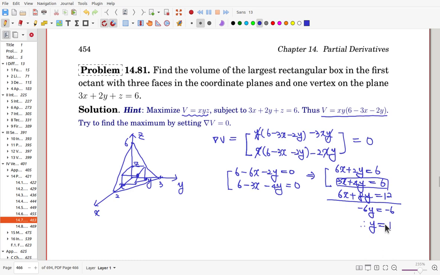Once y is 1, then from any equation here, 6 minus 2, which is 4, equals 6x, so x is 2 over 3, right? And with y equal to 1 and x equal to 2 over 3, the z must be 2.